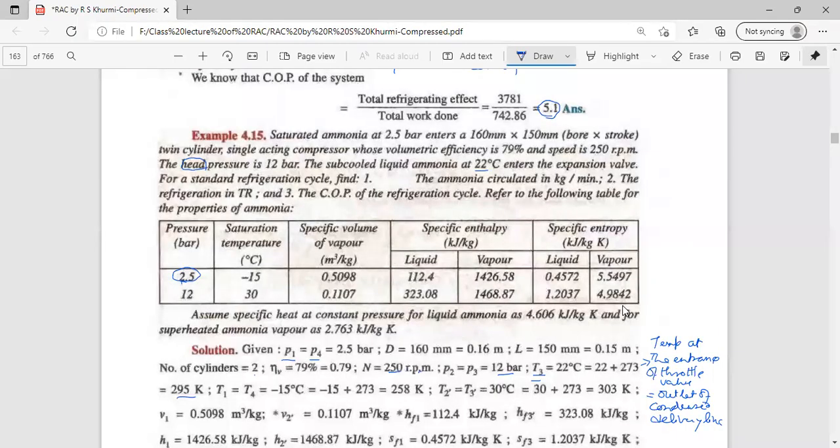T1 is equal to T2 is equal to minus 15 degrees centigrade. T1 is the temperature at the entrance of the compressor, which is equal to the temperature at the entrance of the evaporator.